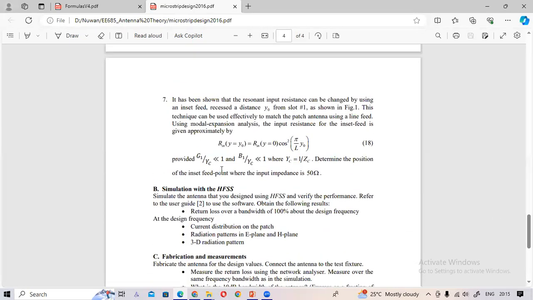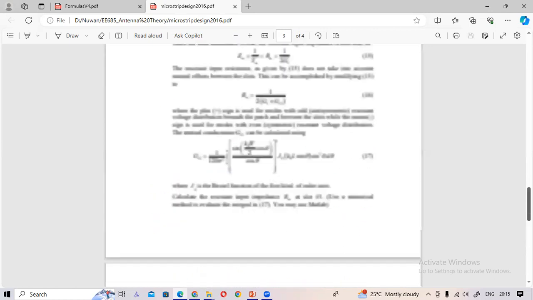So the last part is this. This is given impedance. For example, this may be 50 ohm. And this R is in this one.